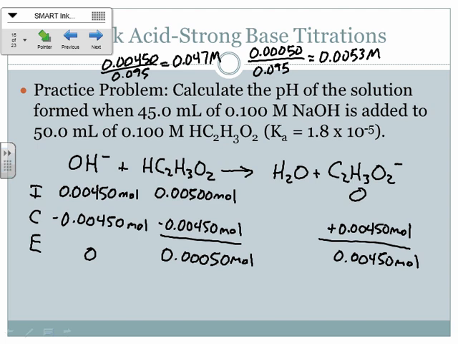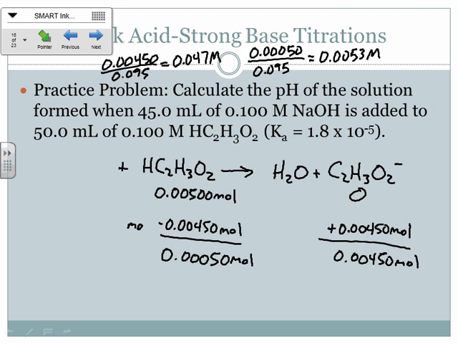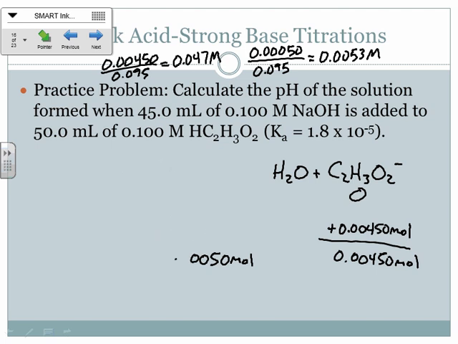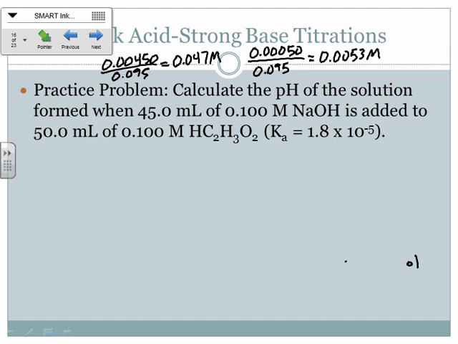It's not great. I mean, the concentrations are not that equal. There's actually quite a bit more of the acetate in here than there is of the acetic acid. But there's still enough of it that we can use Henderson-Hasselbalch for this. So when you can use it, do, because it's quite a bit easier than setting up an ice table and doing that whole calculation. Maybe not quite a bit easier, but I think it's easier.